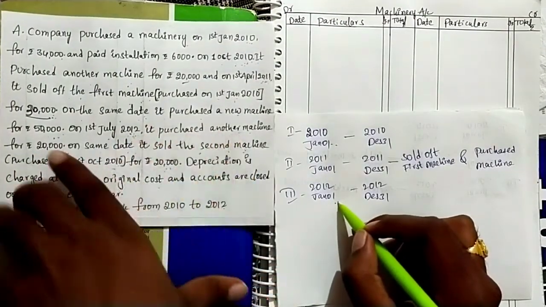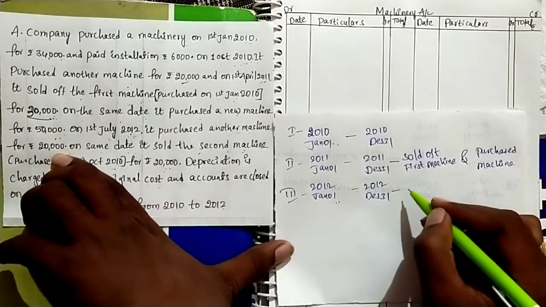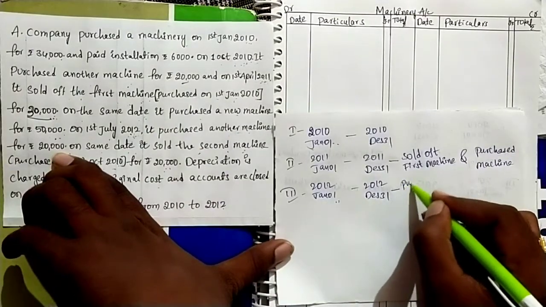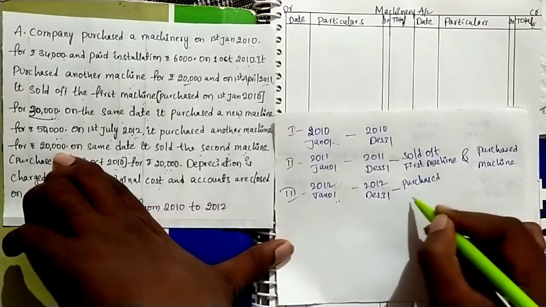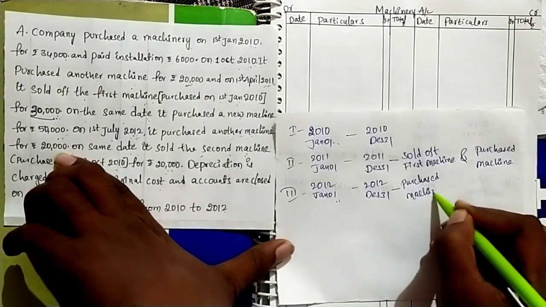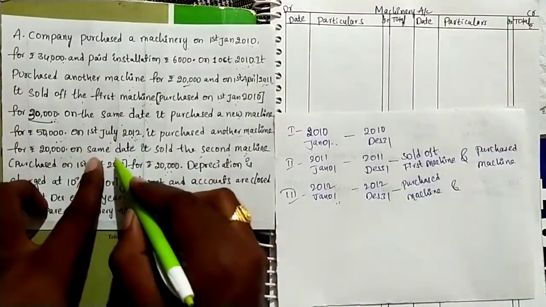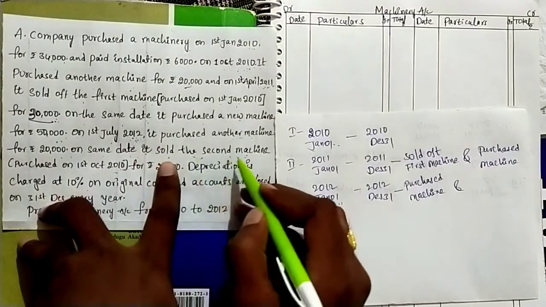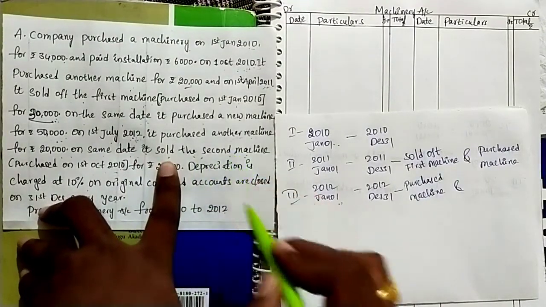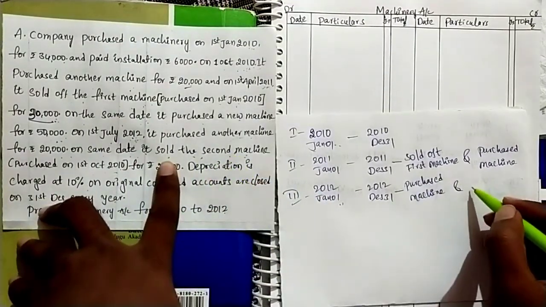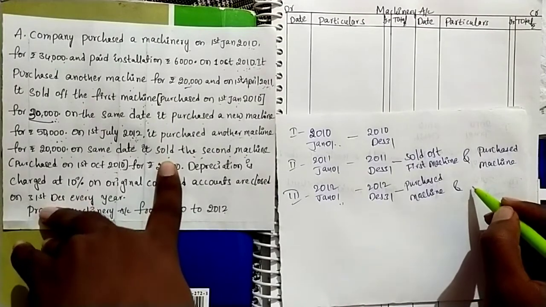It purchased another machine. In the third year, purchased a machine, and on the same date it sold the second machine. In the third year also the company sold a second machine.